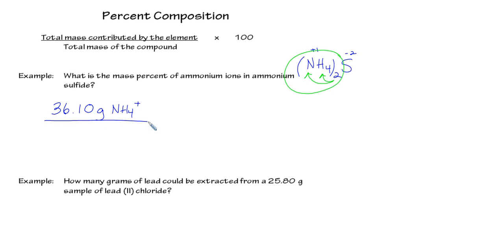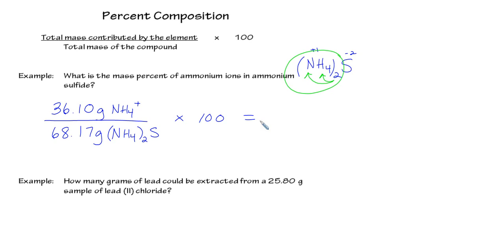So all I have to do is add the sulfur. That's going to give me about 68.17 grams of ammonium sulphide. We'll plug this in our calculator, multiply by 100 to get a percentage. And we are good to go.